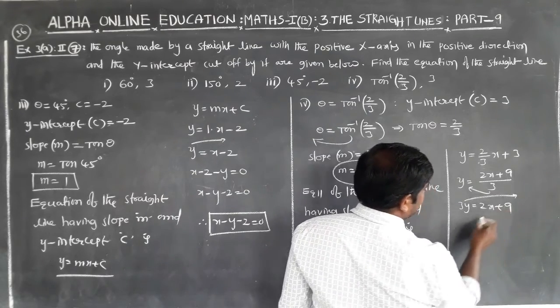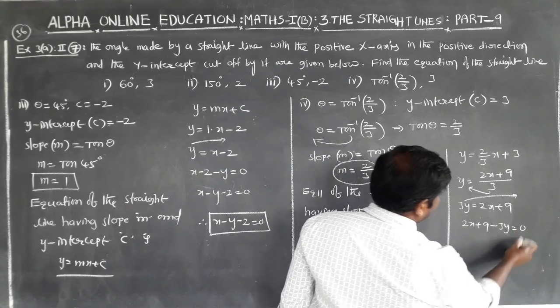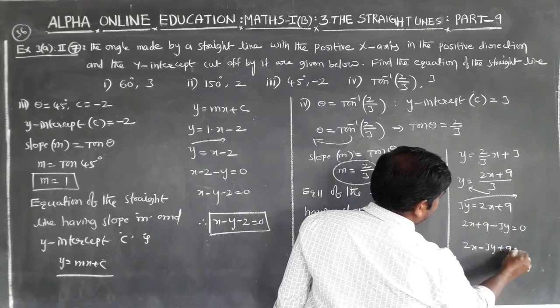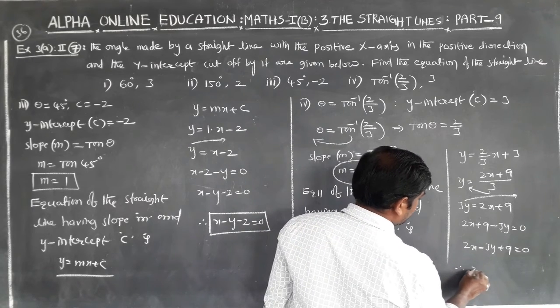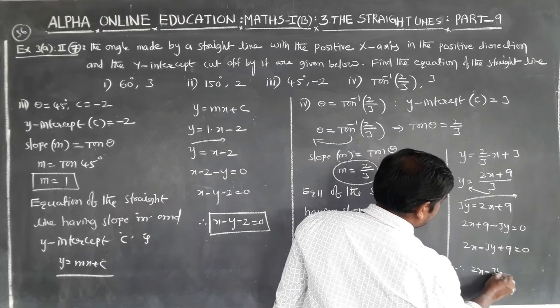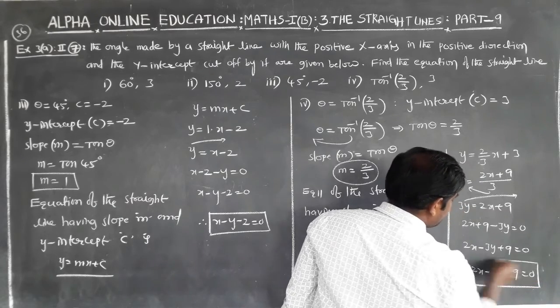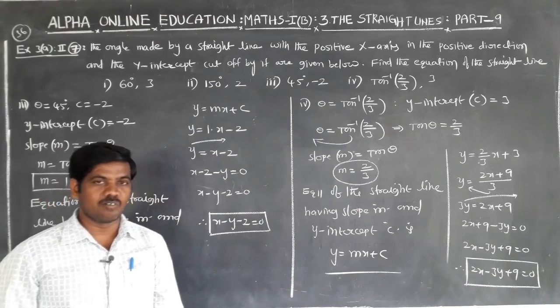Taking 3y right side, 2x minus 3y plus 9 is equal to 0. Therefore, the required equation of the straight line is 2x minus 3y plus 9 is equal to 0.